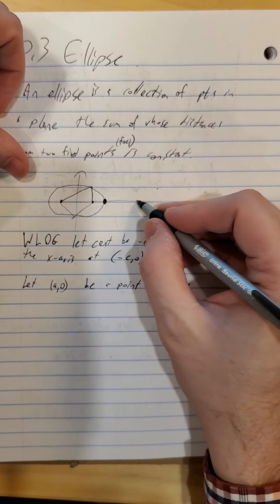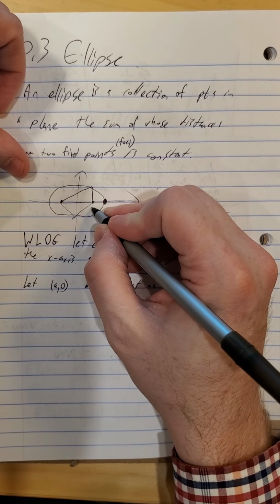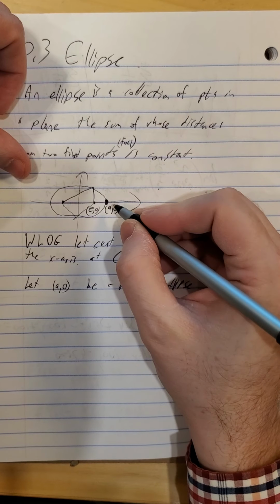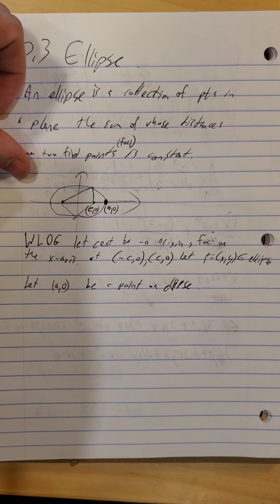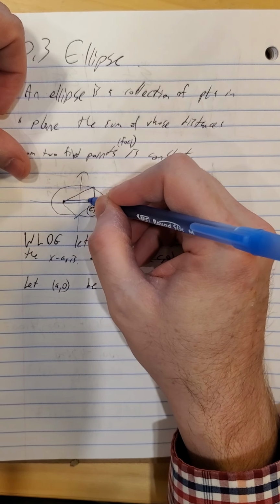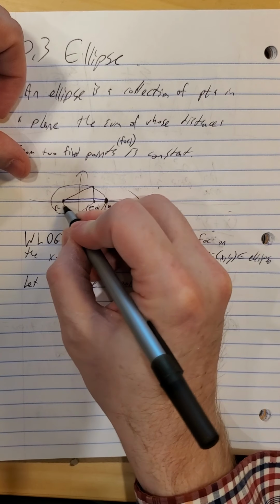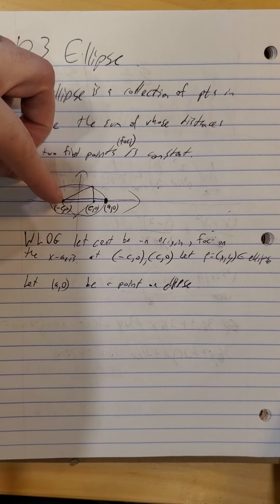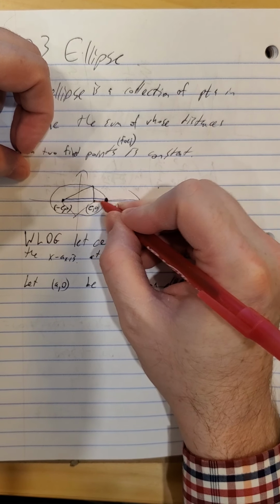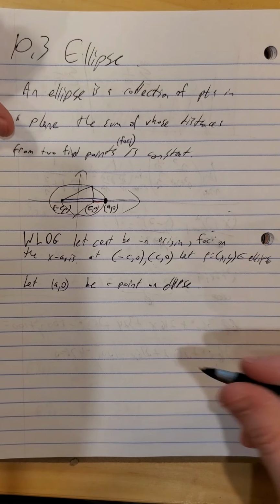Here is our x-axis, our y-axis. So this guy is at (c, 0), this guy is at (a, 0). And one thing we know for sure, that distance 1 from (-c, 0) to (a, 0) plus distance 2, the distance between (c, 0) and (a, 0), is going to be a fixed value.